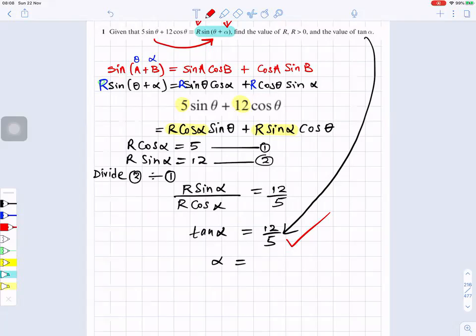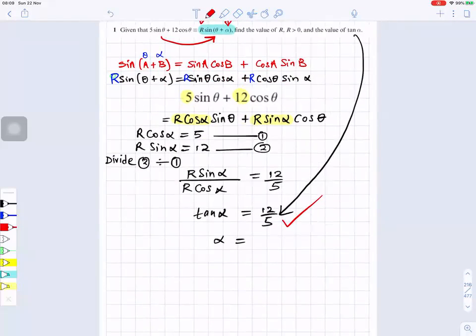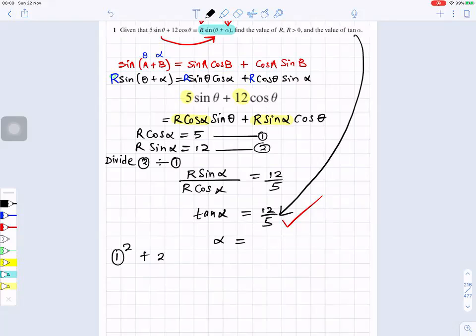And they want you to find the value of r. How do we find the value of r from those two equations? The way you do it, you square equation 1 plus equation 2 squared.